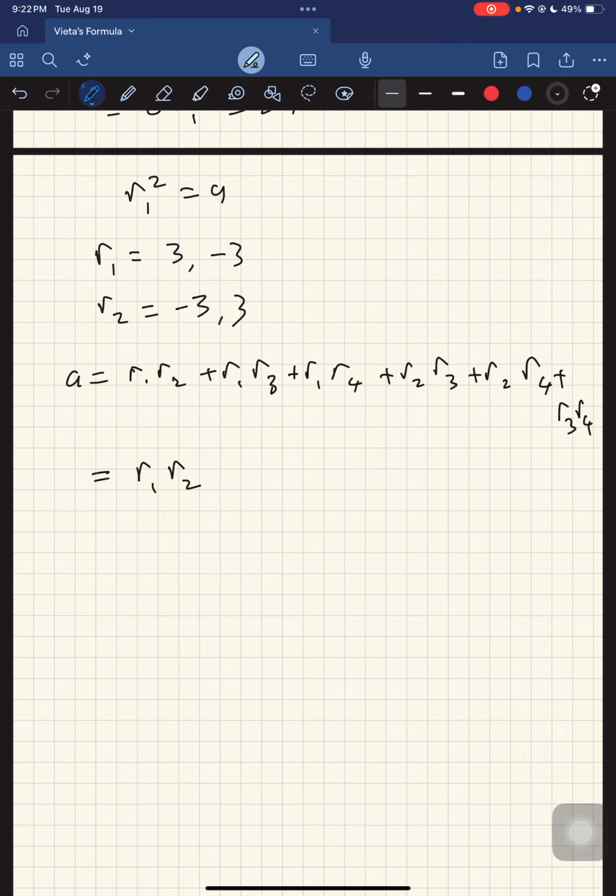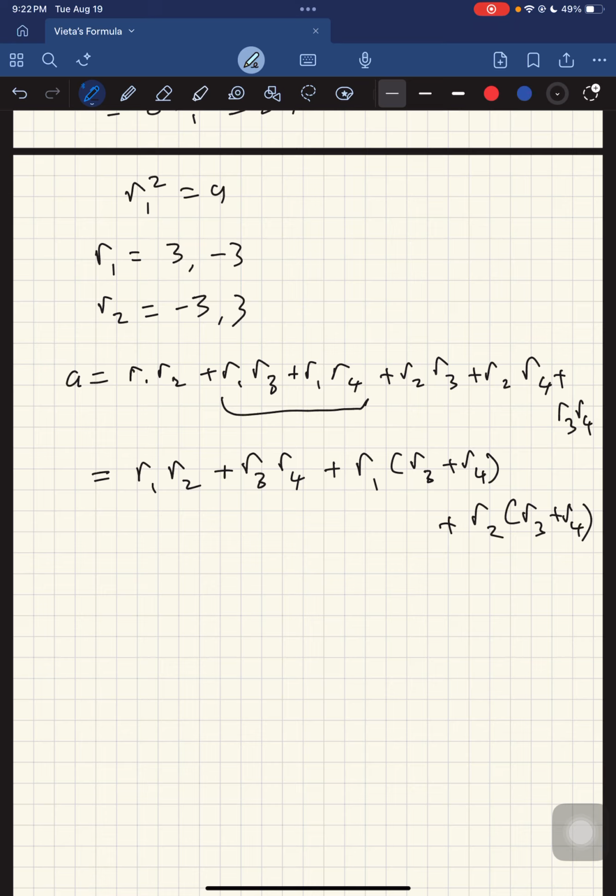R1 R2 plus R3 R4 plus R1, we can see over here, it's going to be R3 plus R4. We can just factor this. Plus R2 times R3 plus R4. I can continue to simplify this.